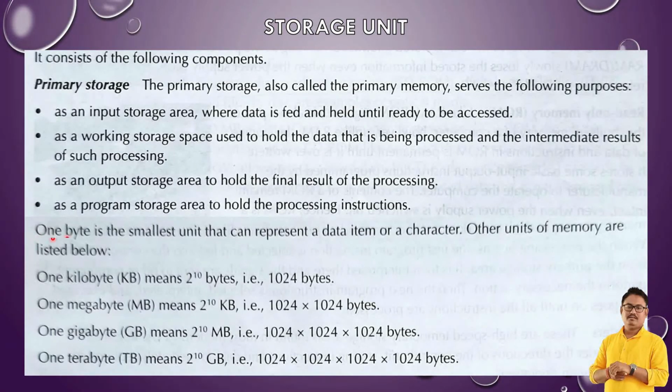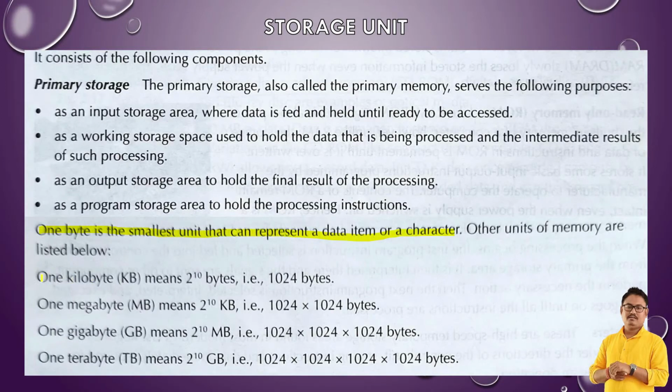So, 1 byte is the smallest unit that can represent a data item or a character. Other units of memory are listed below. Here you can see that 1 byte is the smallest unit that can represent a data item or character.